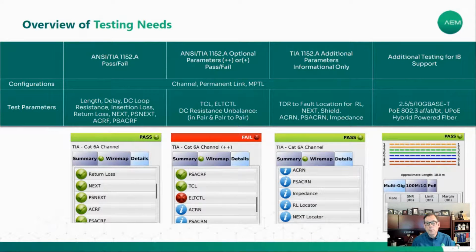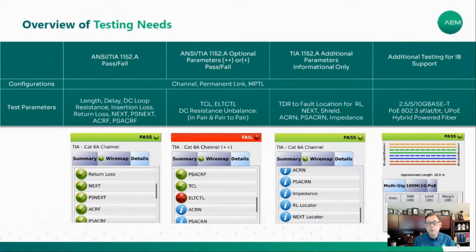So as long as you pass those tests, you can be assured that you have the noise resistance that you need. So you're not going to have undue impacts of noise on the cable. And again, all of these are pre-qualifications for power over Ethernet, because the noise is going to affect how the Ethernet performs. It's going to affect the PoE, those kind of things. Those are the plus parameters that we're talking about.